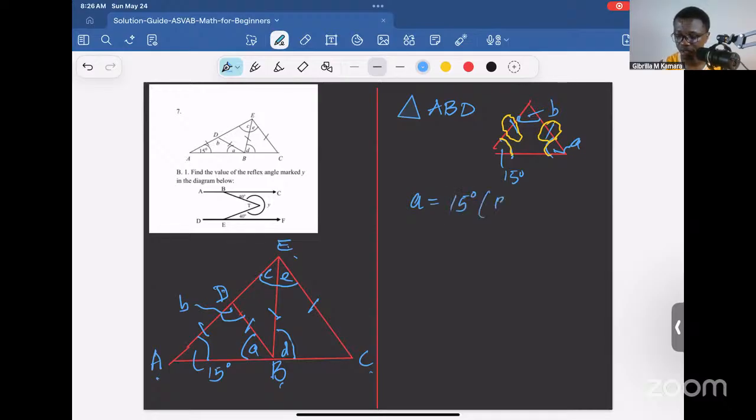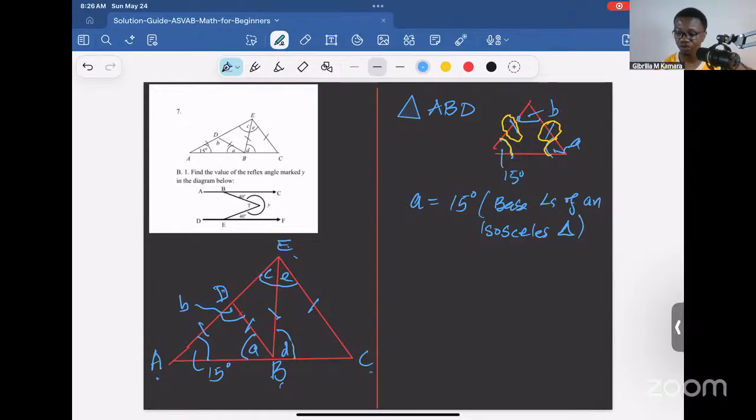You say base angles of an isosceles triangle are equal. Okay, so that's the answer for A. Easy, right?